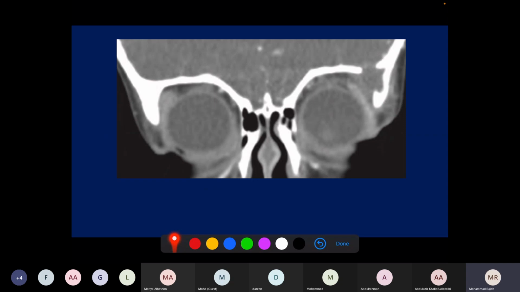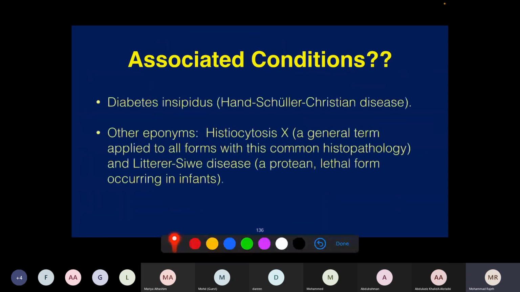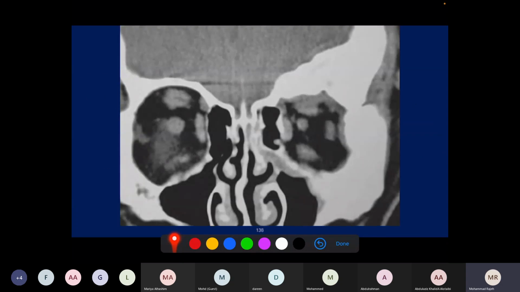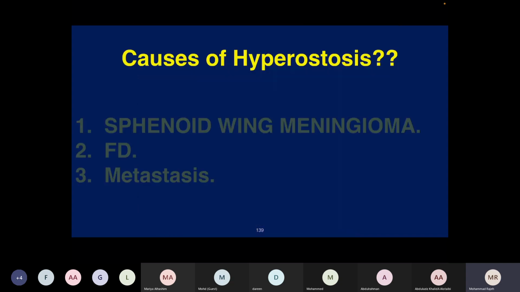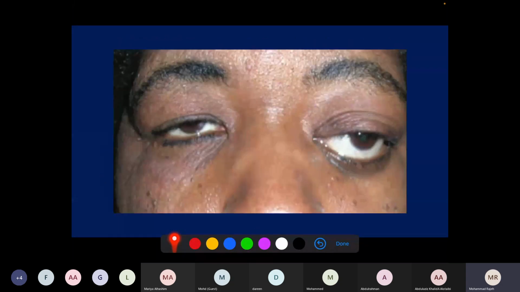So this is the previous patient. You can see it's a histiocytic lesion, and diabetes insipidus is commonly associated with it. Again, going to hyperostosis, this is a metastasis case, just to reiterate on the same point.